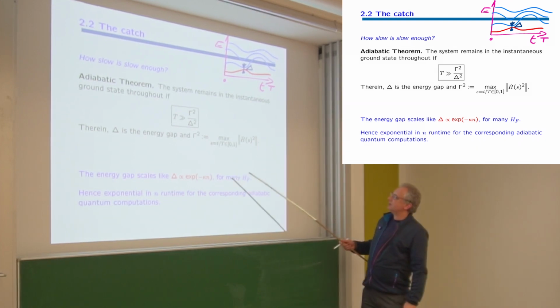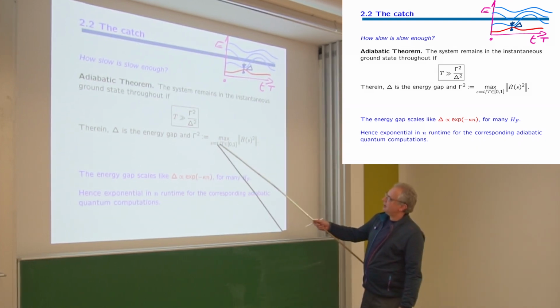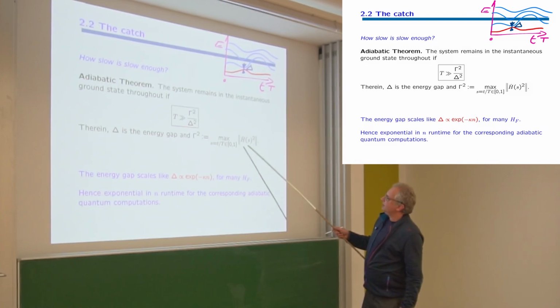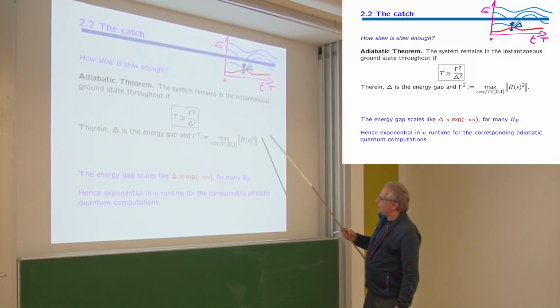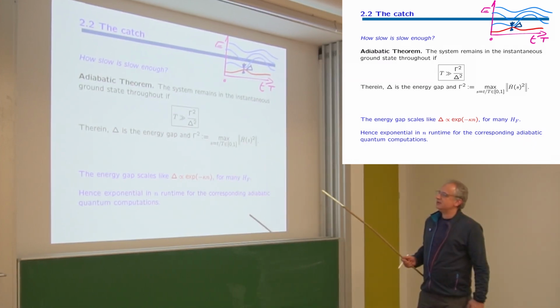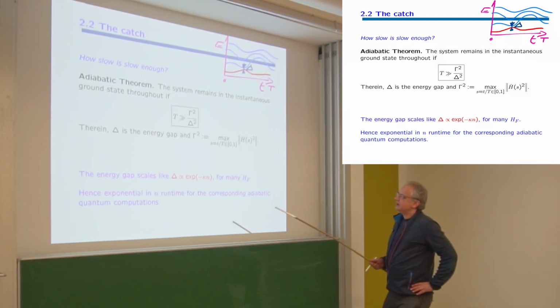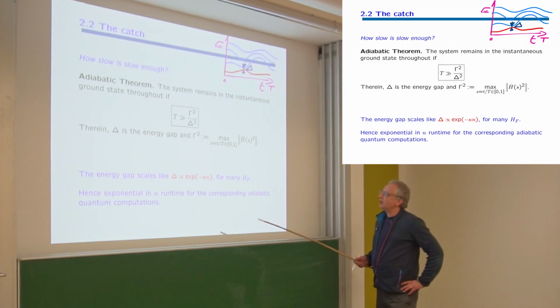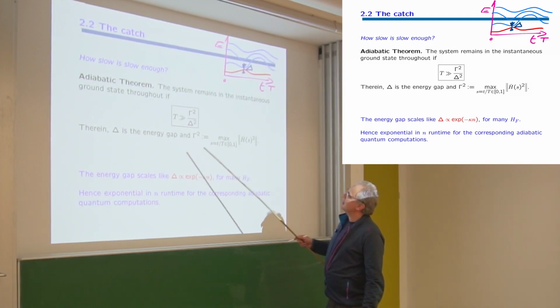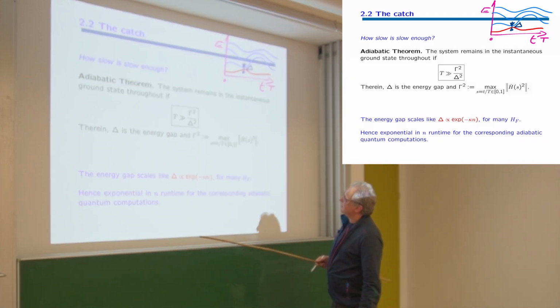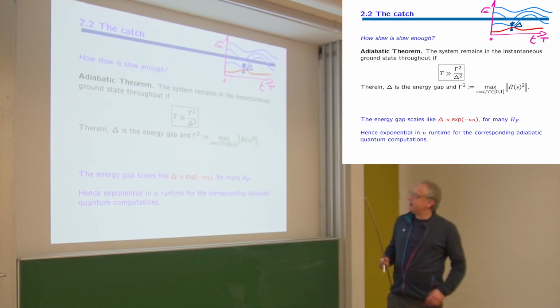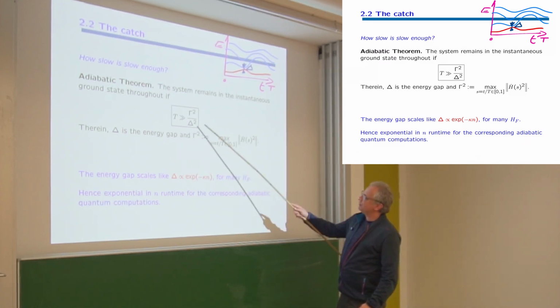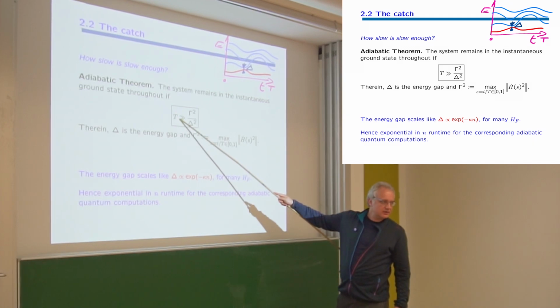This is a rescaled parameter, actual time divided by the duration. We take the derivative of the Hamiltonian with respect to this parameter, square it, and then take the operator norm of that. So this gives us an idea of how drastically the Hamiltonian changes over time. And the runtime is larger than that ratio. What matters for us is that the smaller the gap, the larger the runtime.